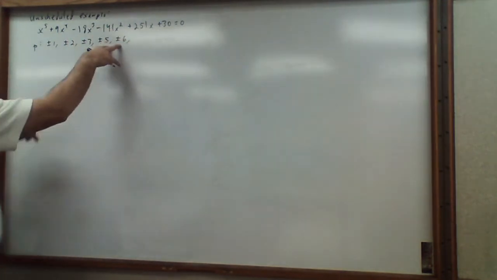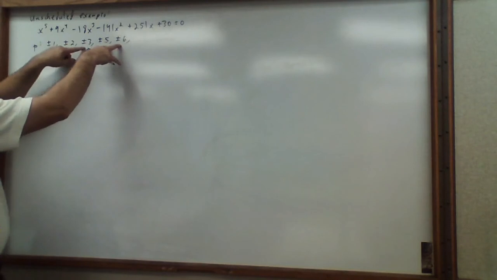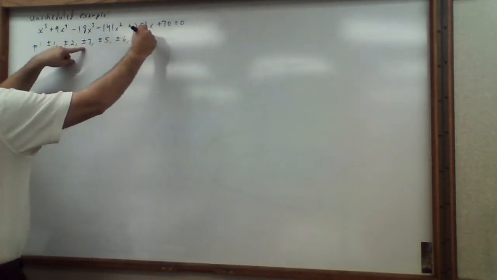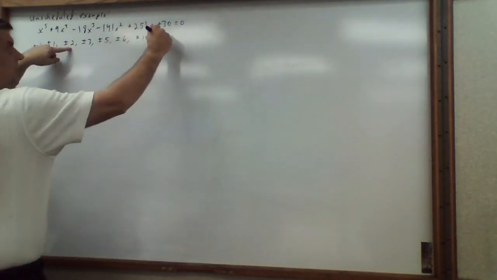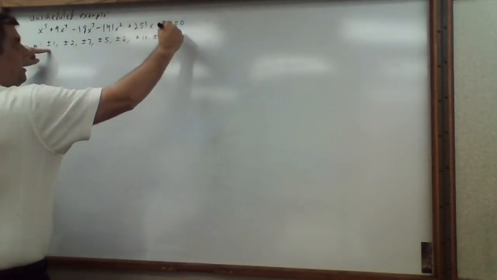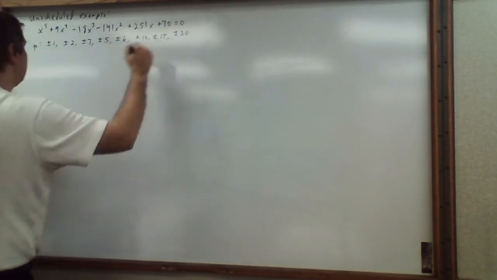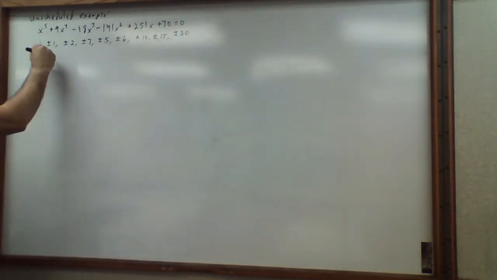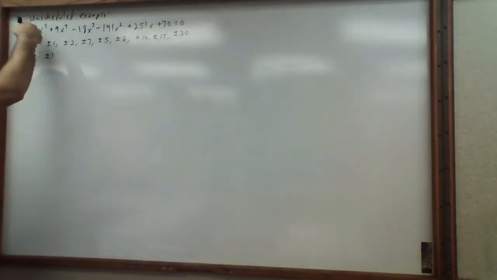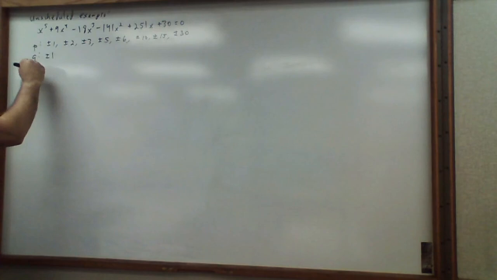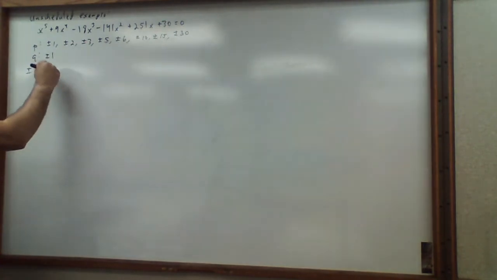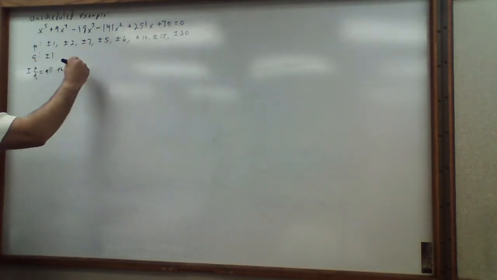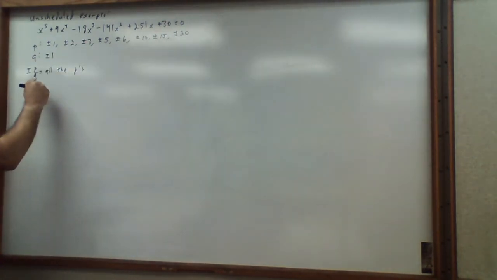That's a matching pair, so all I have to do is divide down. 30 divided by 3 is 10. 30 divided by 2 is 15. And 30 divided by 1 is itself. Q is plus or minus 1. All the factors of the lead coefficient. So plus or minus P over Q is all the P's. So we'll try x equals 1.